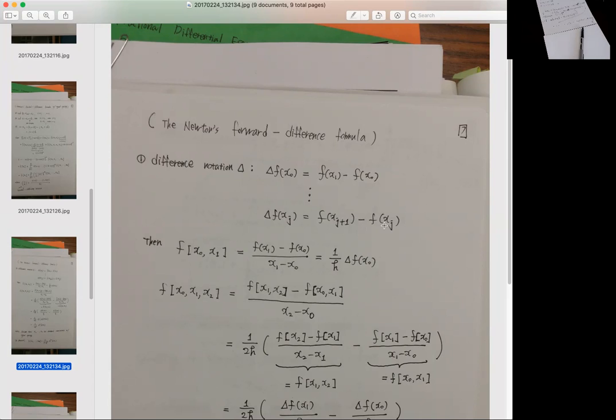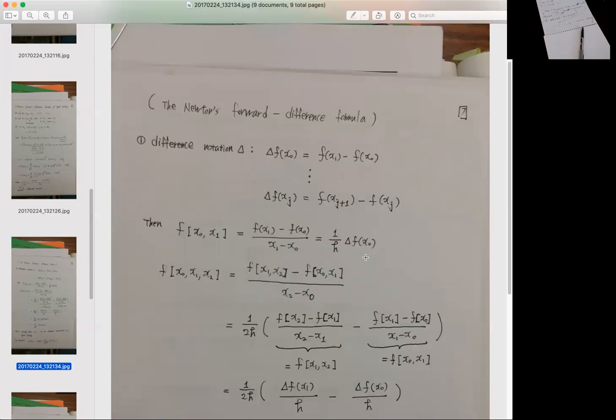So the nabla f of x0 is the difference of f at the index which is 1 greater than 0, in general 1 greater than j. So you see that nabla f of xj is the difference of f of xj plus 1 and f of xj. Okay, keep in mind this.